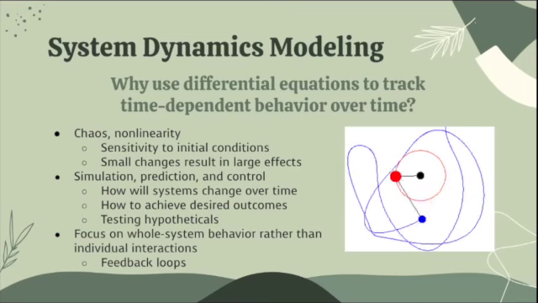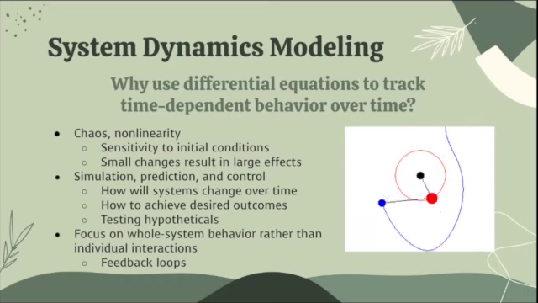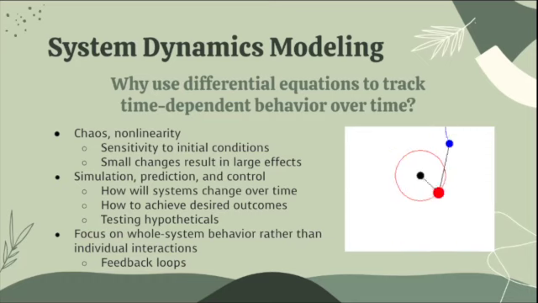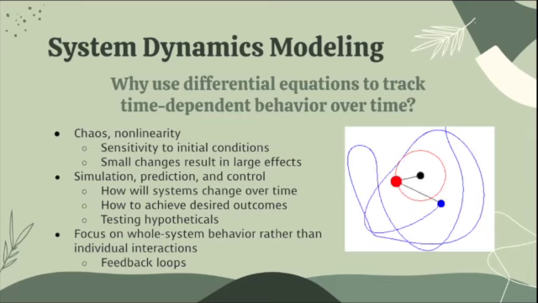So why do we use differential equations to track time-dependent behavior over time? Because ordinary differential equations are really great at capturing things like change over time and interconnectedness. And because of these attributes, they're also great at picking up on system behavior like chaos.